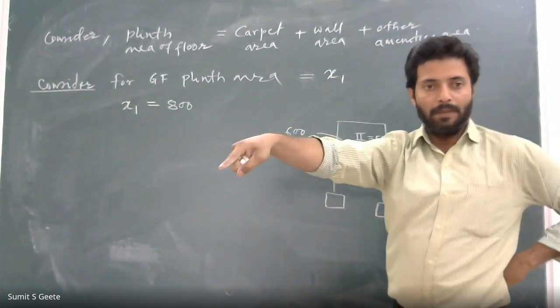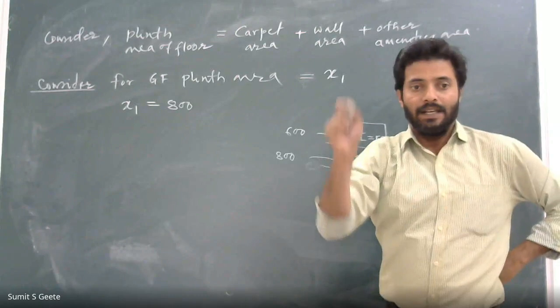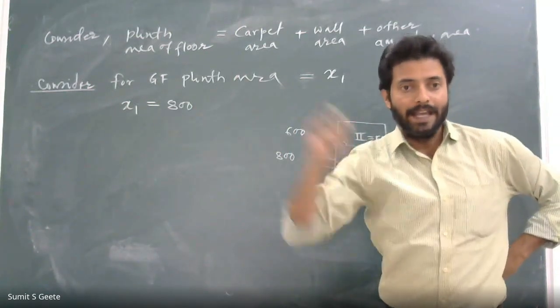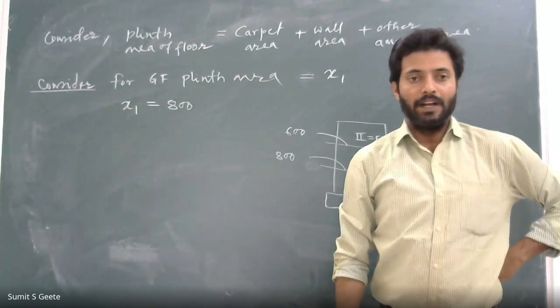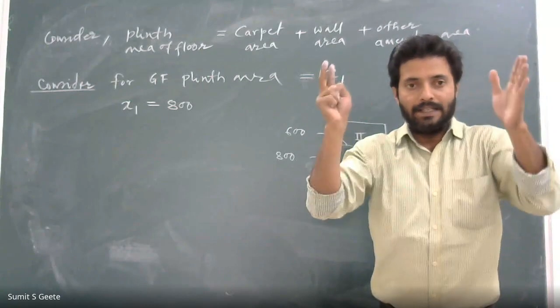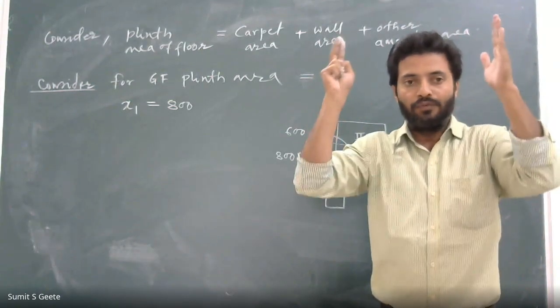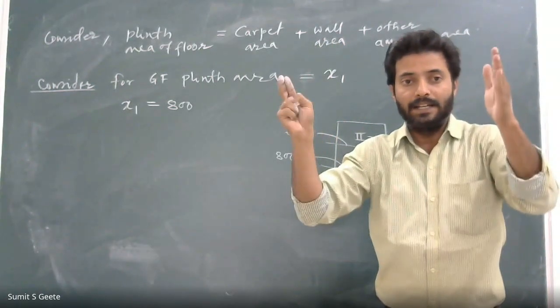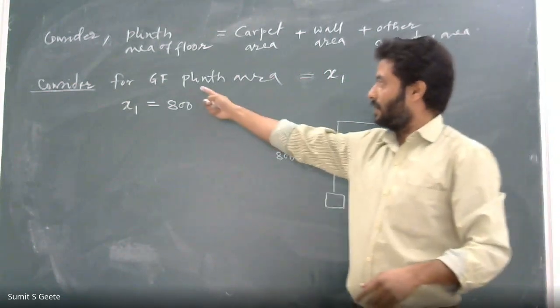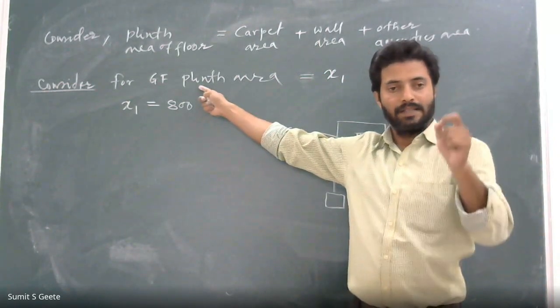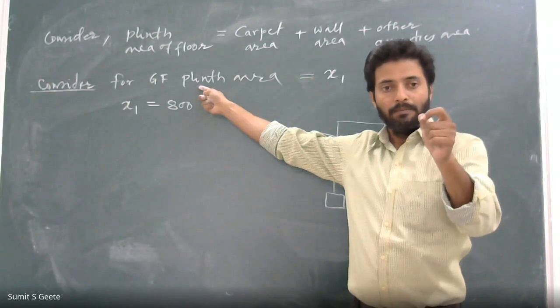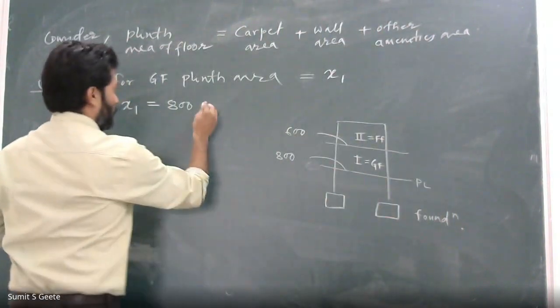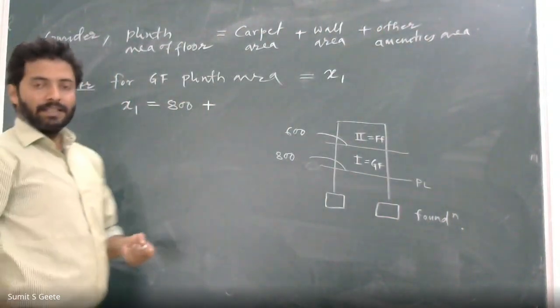In your problem statement, wall area is 10% of plinth area. So I am considering ground floor, so ground floor wall area is 10% of ground floor plinth area. So therefore, it is 10%. 10% means what?